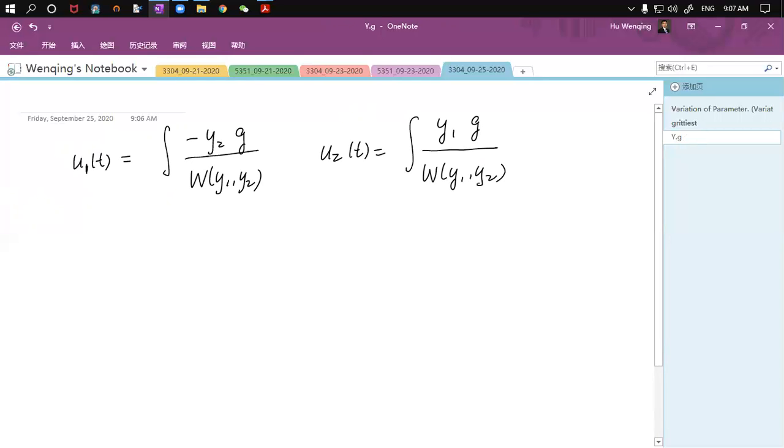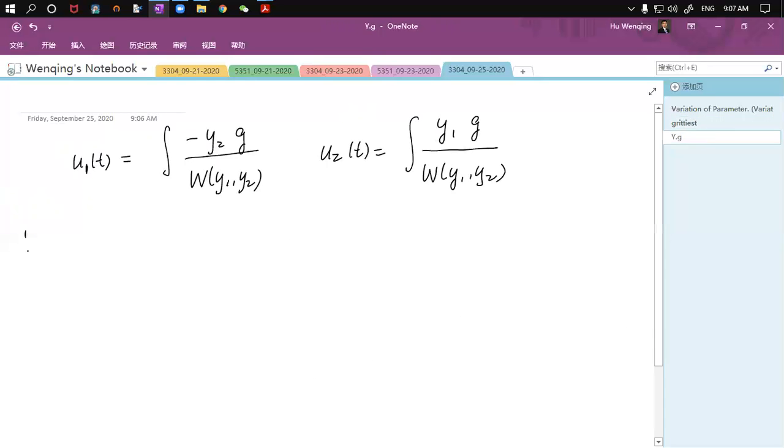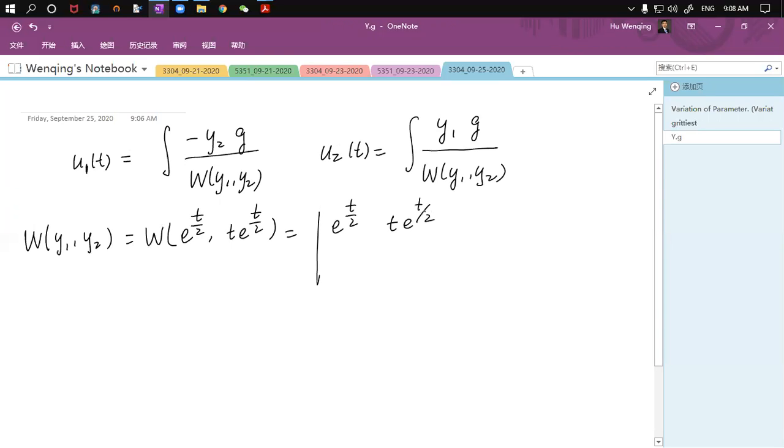So in order to justify everything, you have to calculate the Wronskian. The Wronskian is not easy to calculate, right? As long as you know y1, y2, the Wronskian of y1 and y2 is the Wronskian of the functions e power t over 2 and t times e power t over 2. So that's going to be the determinant: e power t over 2, t times e power t over 2, and then 1/2 e power t over 2, that's the derivative.